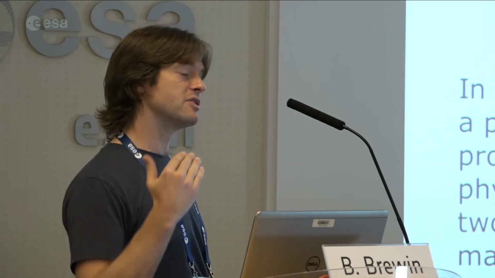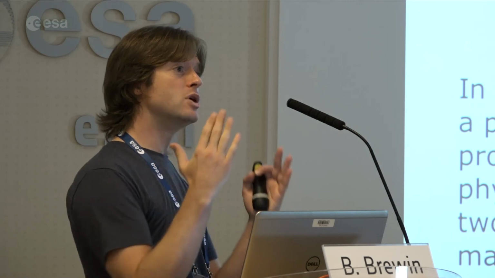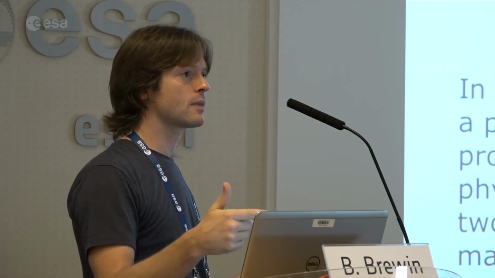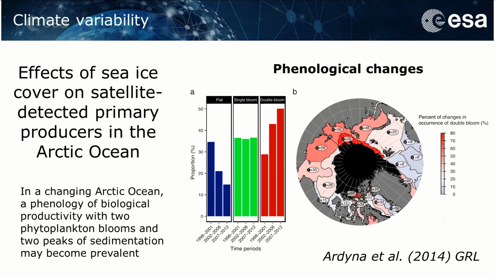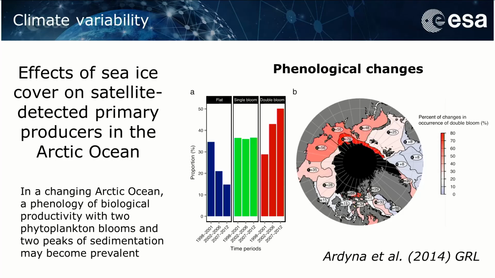So it's a sort of two-bloom situation. But the further you go north, that merges into a single bloom. And that's been known for a long time. But in a changing Arctic Ocean, what they're finding now is that the single bloom phenology is changing, and you're seeing spring and fall blooms in the Arctic. And that's going to have large implications for the organisms that feed on these phytoplankton.